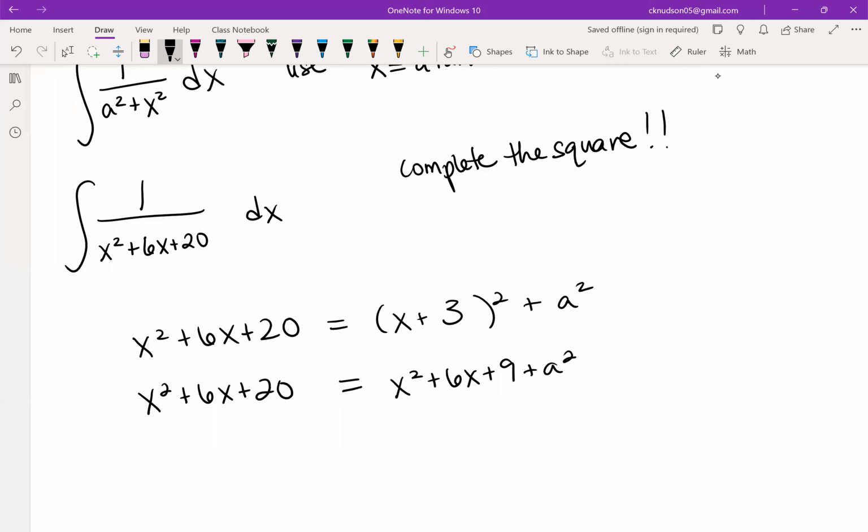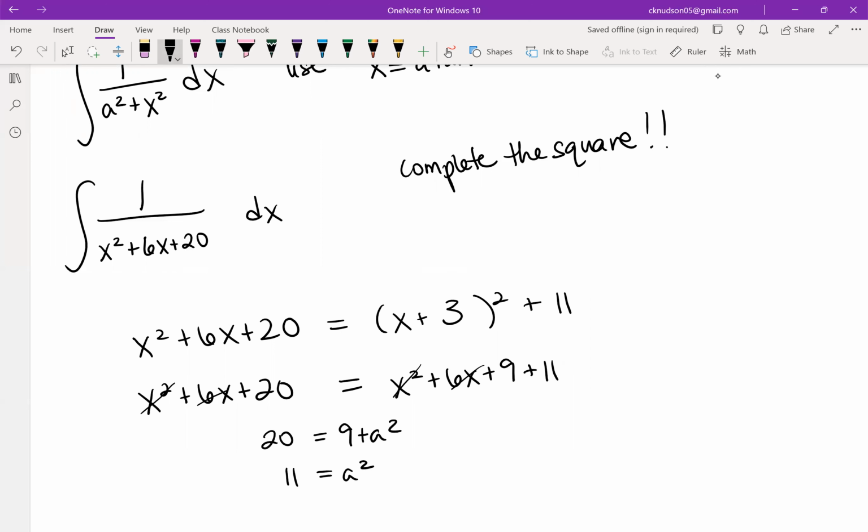All right, so we can see we don't need to worry about the x squareds, and we don't need to worry about the 6x. What this tells us is that 20 is equal to 9 plus a squared, or in other words, 11 is equal to a squared. So put the 11 right here.